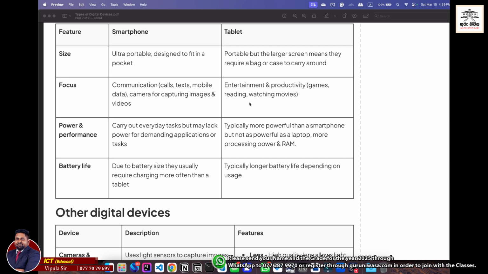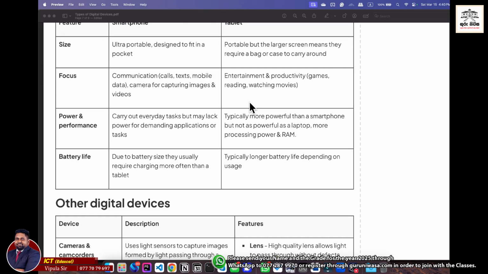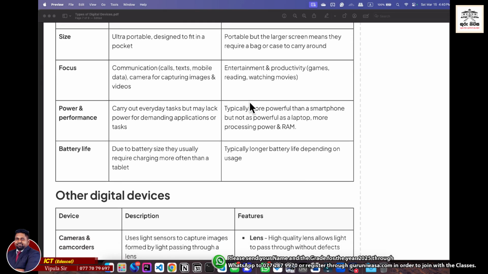Productivity and entertainment, where you can read books, play games, watch movies, edit documents, and do field activities like filling forms and performing different types of activities based on the productivity factor, right? Then power and performance.